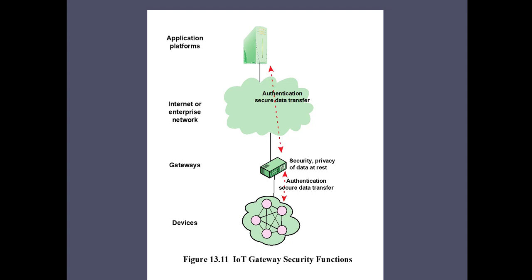Because let's say you have 10,000 devices in the field. It's not logical to go physically to each device to do the maintenance, so you have to have some sort of remote maintenance. Also, the gateway has to support software updates and auto configuration for the IoT devices. So these are the main features for the gateway.